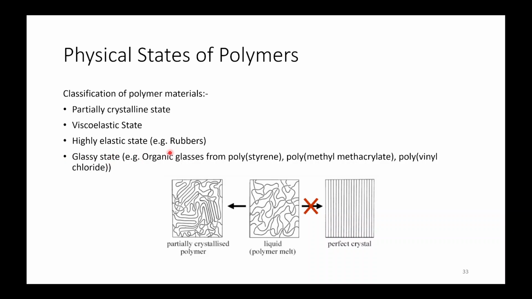Examples are organic glasses from polystyrene, polymethyl methacrylate, polyvinyl chloride, etc. When a polymer is liquid and we cool it, it is more likely to either become totally amorphous or partially crystallized. It will never become a perfect crystal, such as metals.